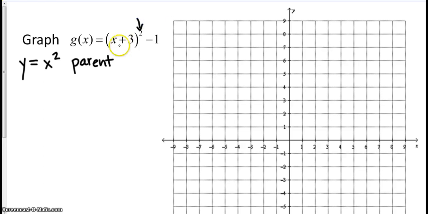What I'm doing is I'm adding 3 inside the function, which will cause it to go left 3, and I'm subtracting 1 outside the function, which will cause it to go down 1 unit. So let's graph that parent function of y equals x squared. And we are going to translate this graph left 3 and down 1.